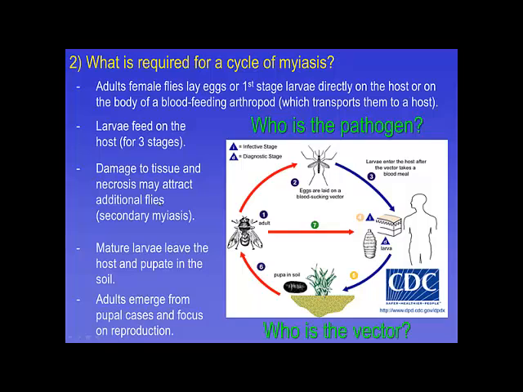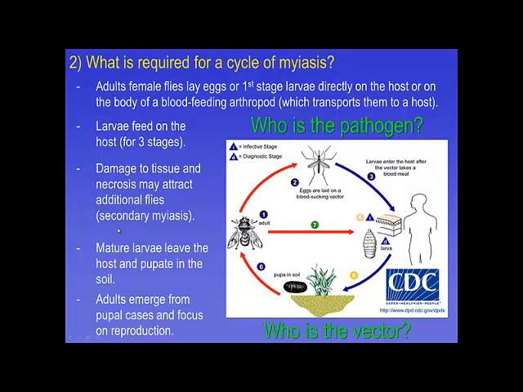And this can lead to the development of a positive feedback loop, where as you get more and more flies laying eggs and larvae on this necrotic tissue, you attract more and more flies that will lay more eggs, and this can just escalate out of control for the vertebrate host.